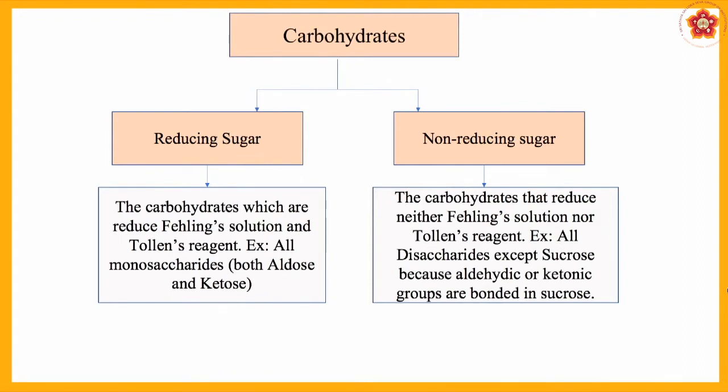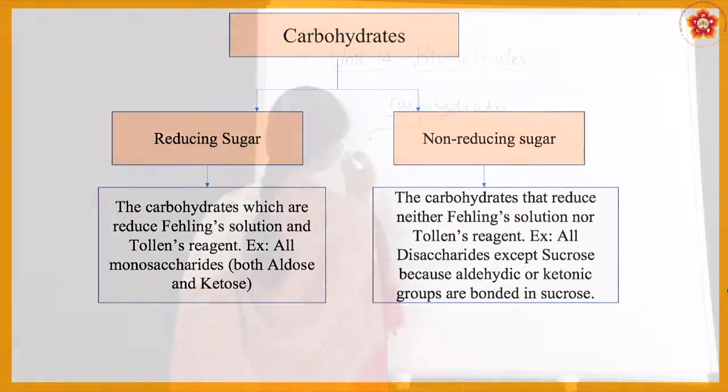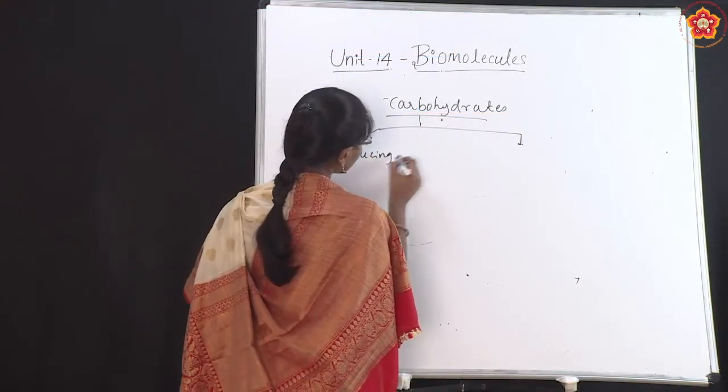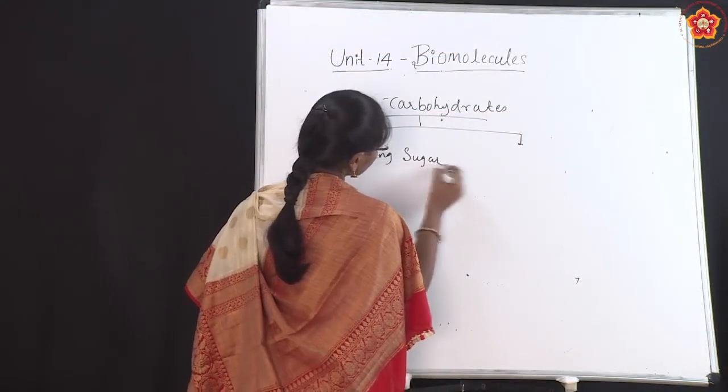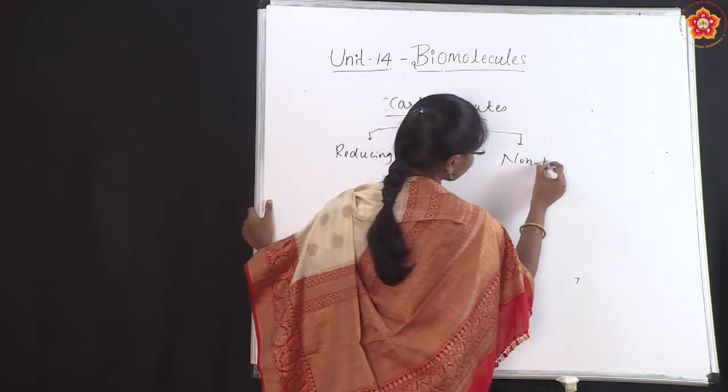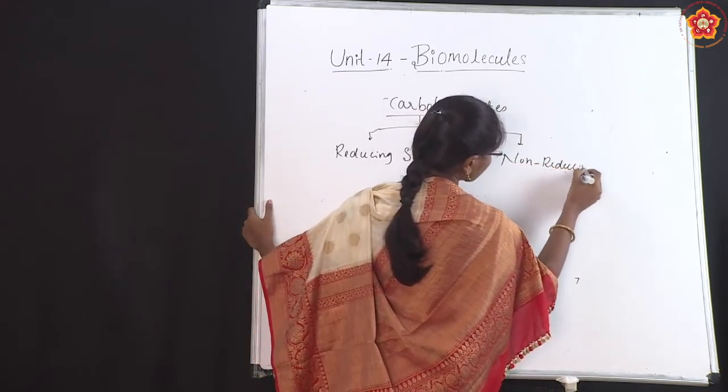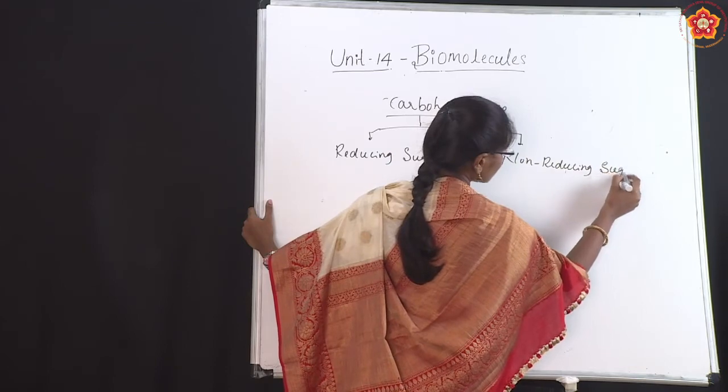So carbohydrates again we divide into 2. One is reducing sugar, and one more is non-reducing sugar.